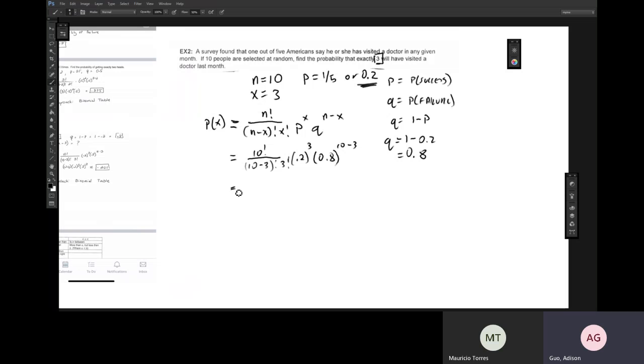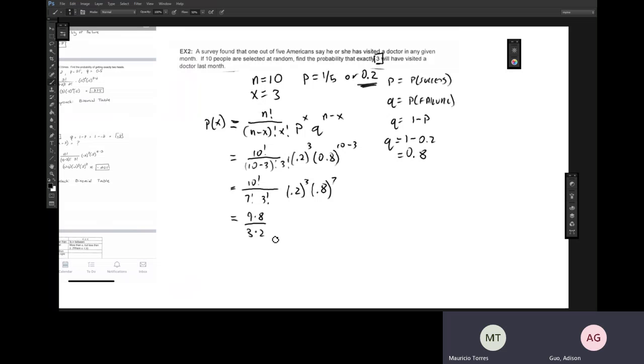I'll do some simplification. For now, this is going to be 10 factorial over 7 factorial times 3 factorial, and then this part we'll have to do by calculator. I'm going to simplify this as 9 times 8 times 8 over 3 times 2.